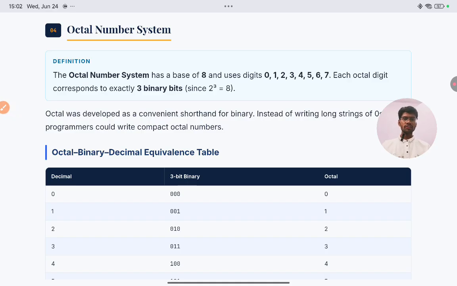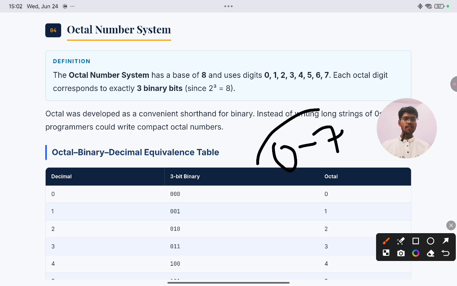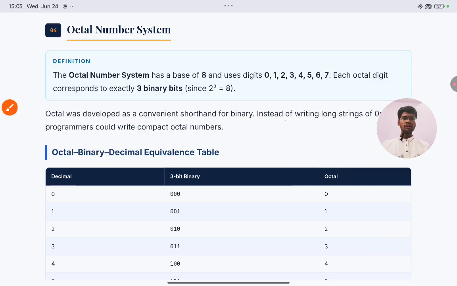In the octal number system, it has a base of 8 and uses the digits from 0 to 7. Each octal digit corresponds to 3 binary bits, right?